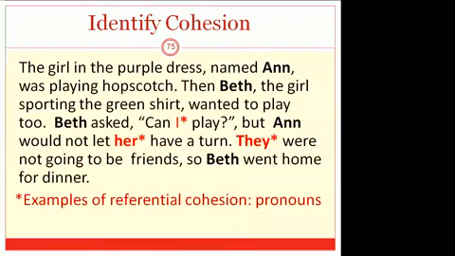Note that the two characters in this narrative, Anne and Beth, have been introduced with specific names, and they have also been referred to, again, through the use of pronouns. Each of these pronouns have been located close to the proximity of the named character, and they are very clear in whom they are referring to. So they are unambiguous. This storyteller has been unambiguous in their use of pronominal reference.